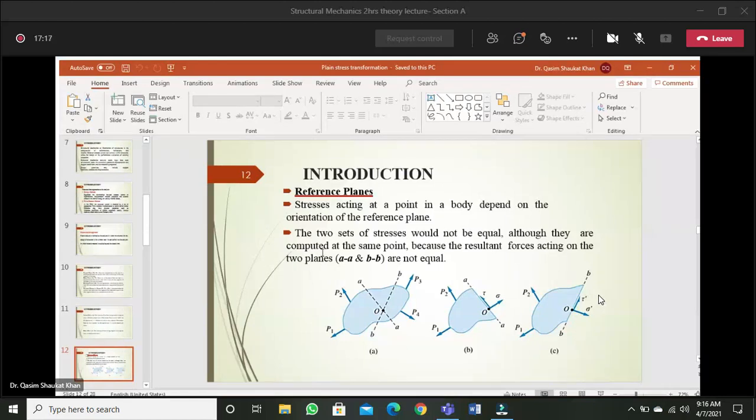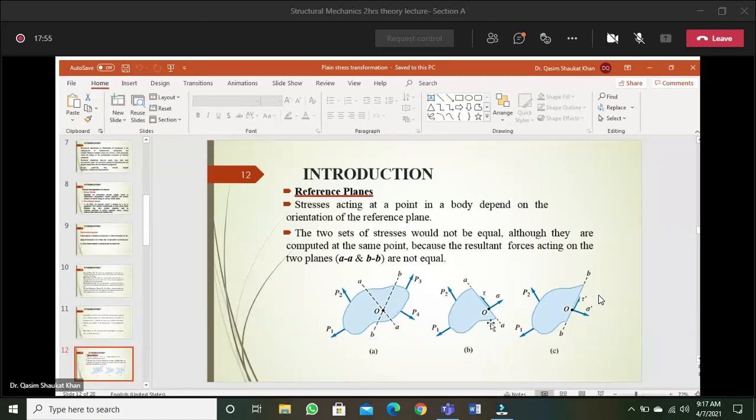Because the resultant forces acting on the two planes will not be the same, the stresses acting on the two planes will not be the same. The point to be noted here is that with the change in the reference planes, normal stresses and shear stresses will change. So the set of normal and shear stress will change with the change in the orientation of the reference plane.